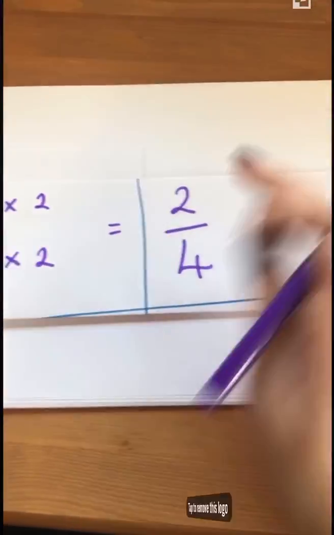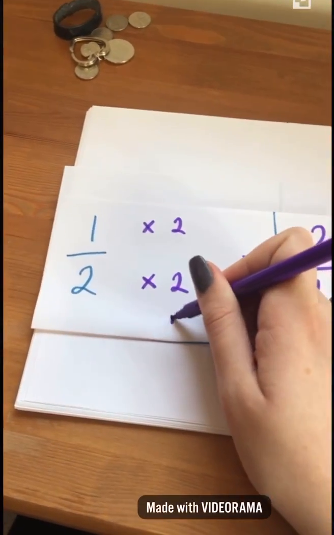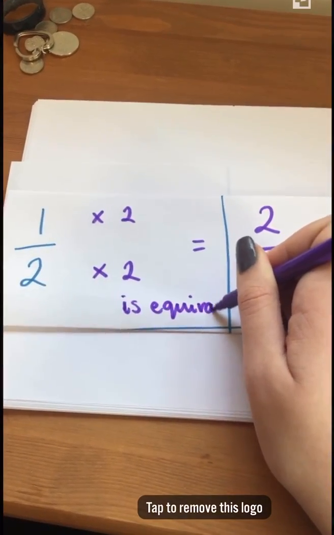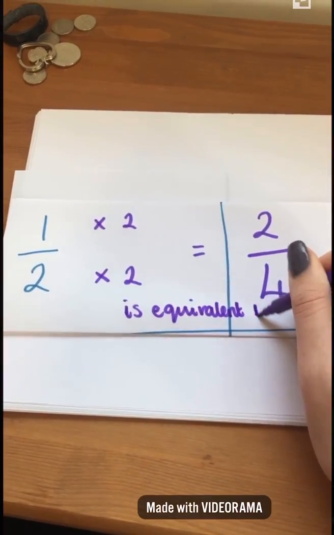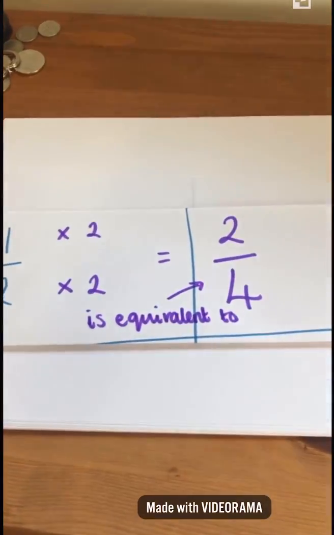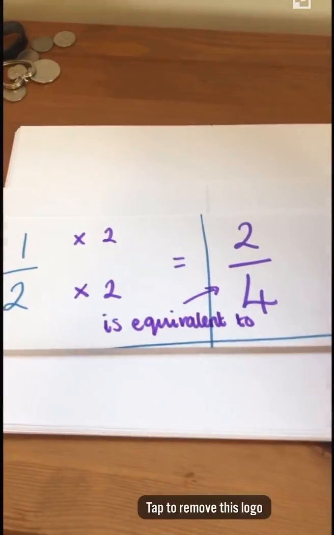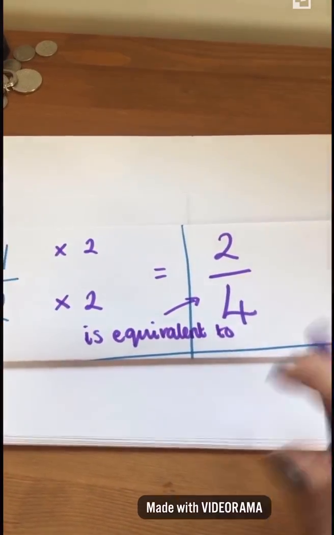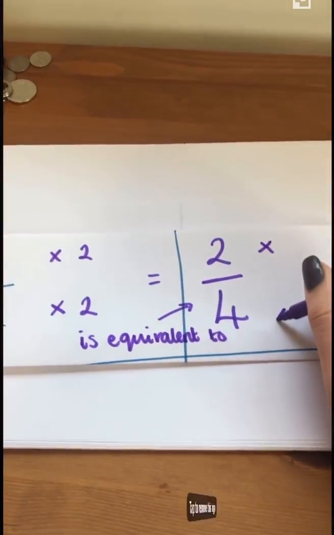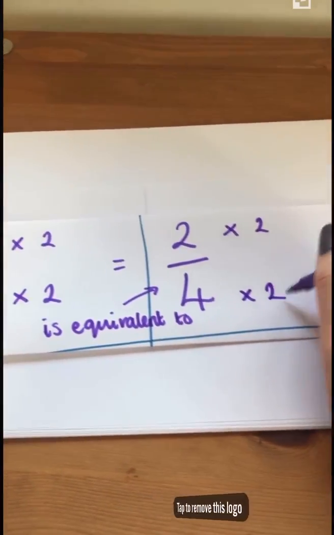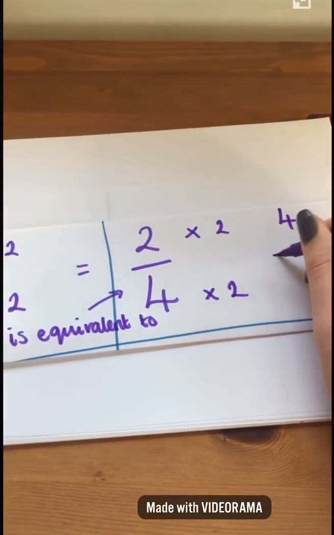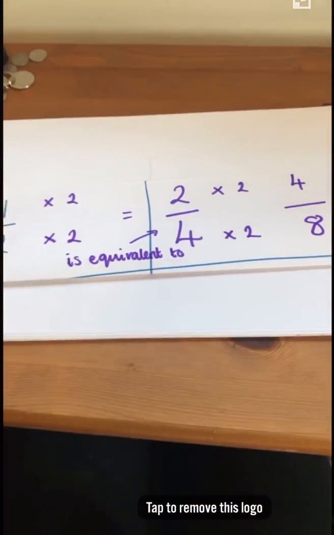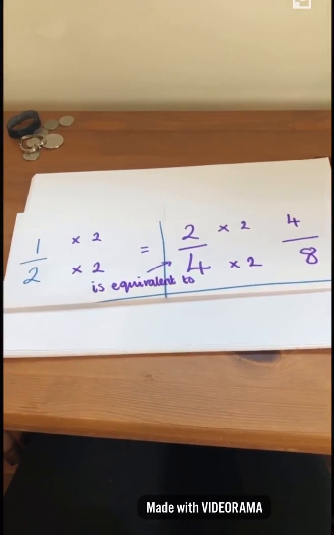So that means that half is equivalent to 2/4. Now if I wanted to find another equivalent fraction that was equivalent to 2/4, I could times this by 2 and I'd end up with 4/8. So there are now 3 equivalent fractions.